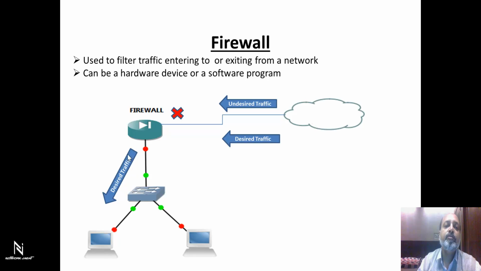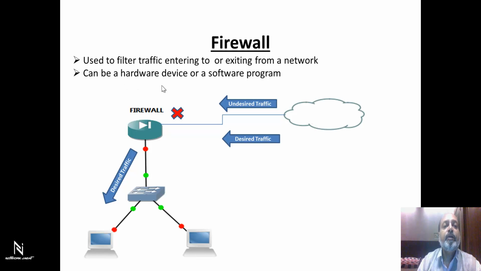There may be certain traffic coming out from this network, and if the need arises, that exiting traffic can also be filtered. So that is to be done by the firewall also. Not only is it filtering the incoming traffic, it is also capable of filtering the outgoing traffic, right?